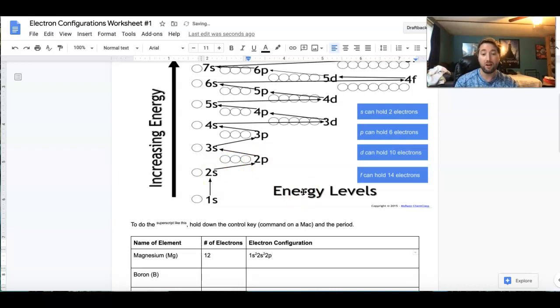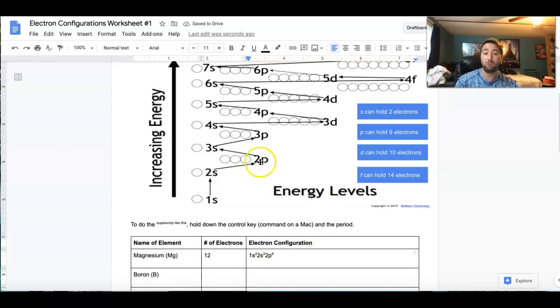And p can hold how many? It can hold up to 6 electrons, and I have 8 left over to give out. So I'm going to put 6 here. 2 and 2 make 4, 4 plus 6 is 10. I've got 12 to give out, so I've got 2 more to give out. So I'm going to hit control and the period again to go back down.